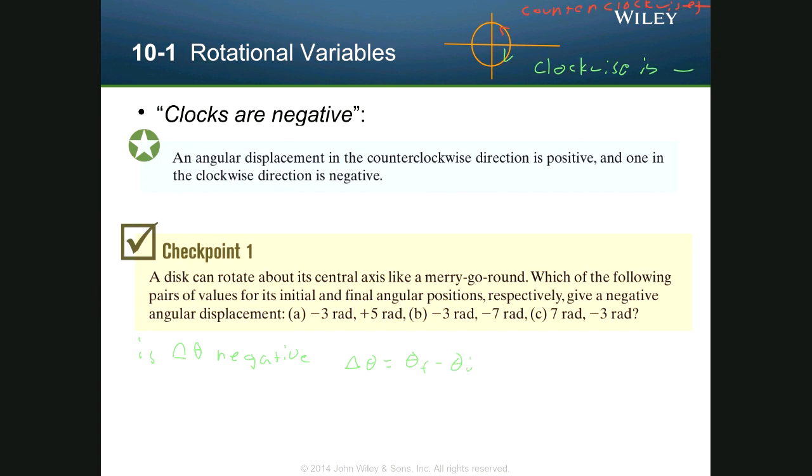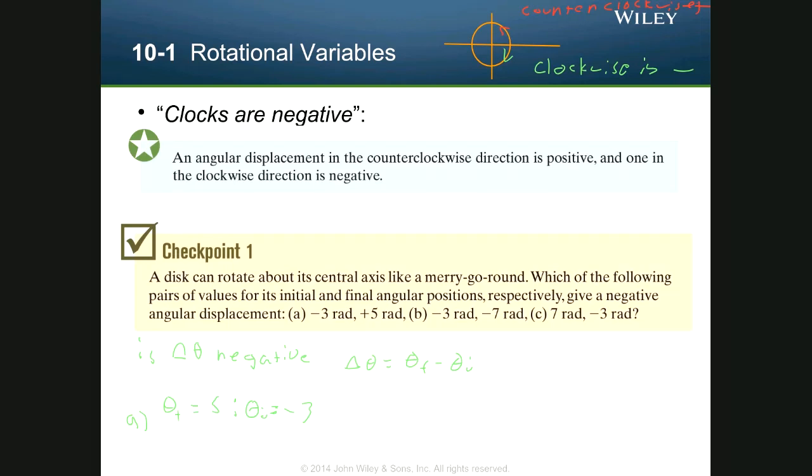And for A, theta final is equal to 5, and theta initial is equal to minus 3.